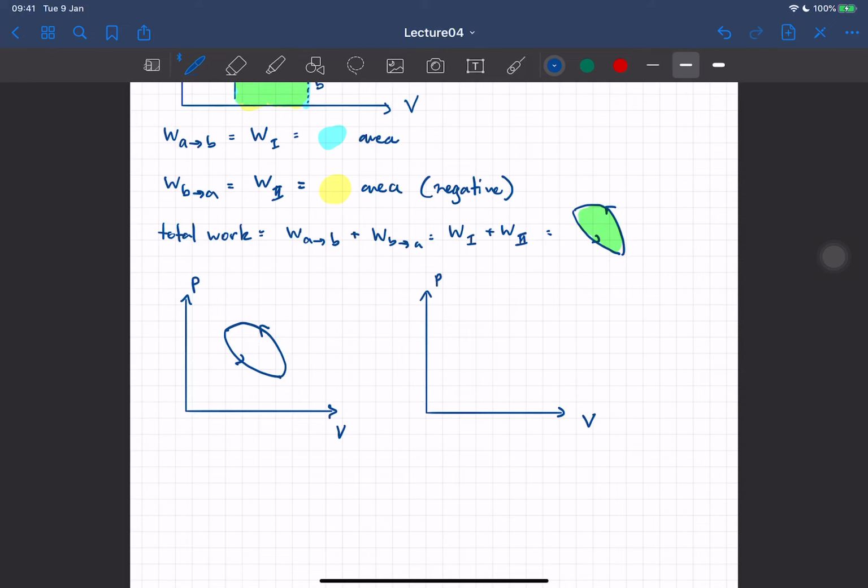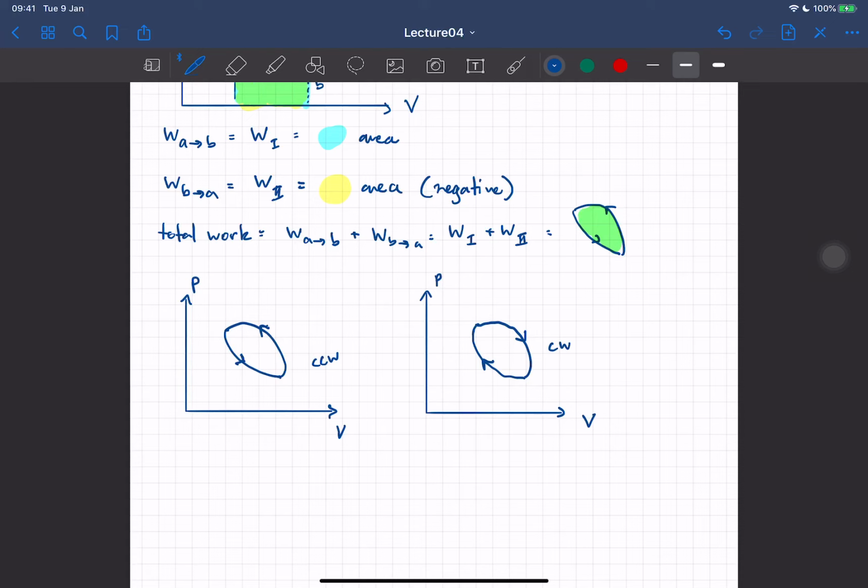But you have the freedom of running it backwards. So the same path, I'm trying to make it the same, but you can run it this way, right? The direction in which you traverse the curve, you can call it counterclockwise, because it's going backward, and you can call this clockwise.